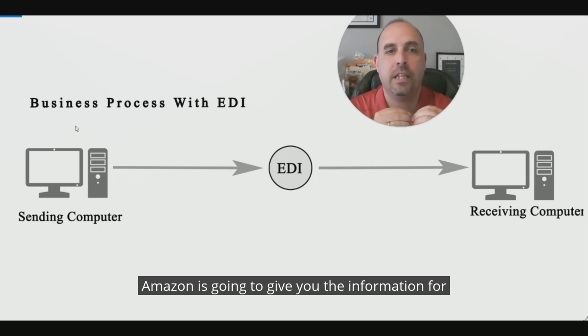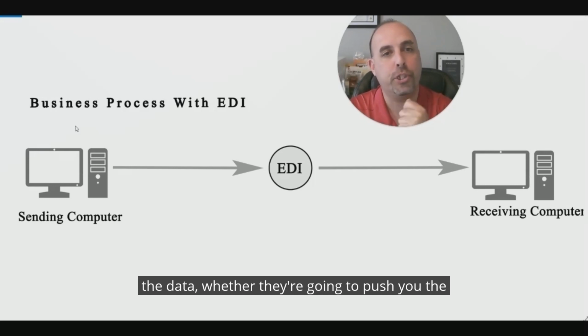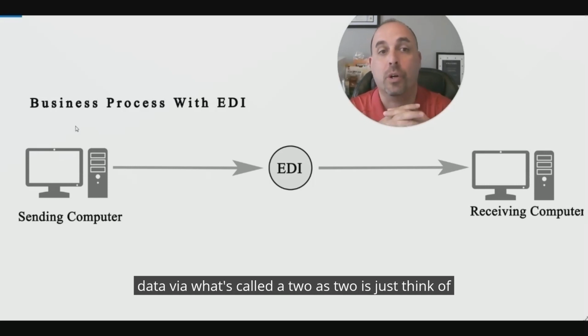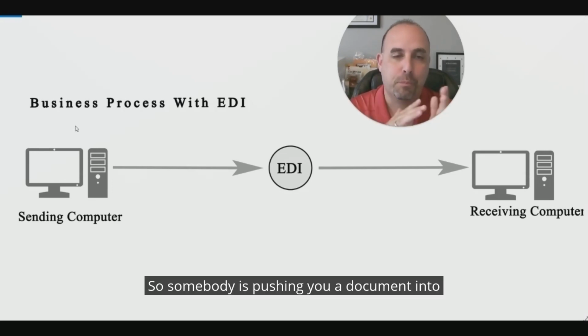Amazon is going to give you the information for how you are going to connect to receive the data, whether they're going to push you the data via what's called AS2. AS2 is, just think of it, over the internet. Somebody's pushing you a document into your system.